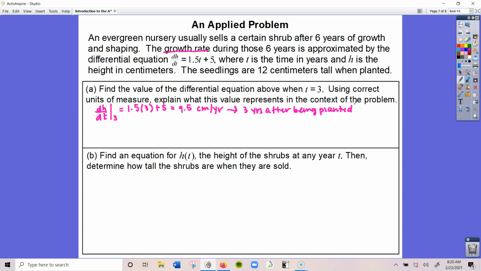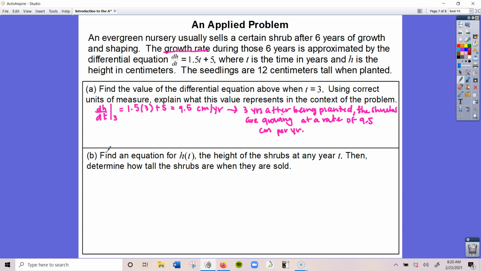Remember that this is a rate. So you have to explain that this is a rate. So we would write the shrubs are growing at a rate of 9.5 centimeters per year.